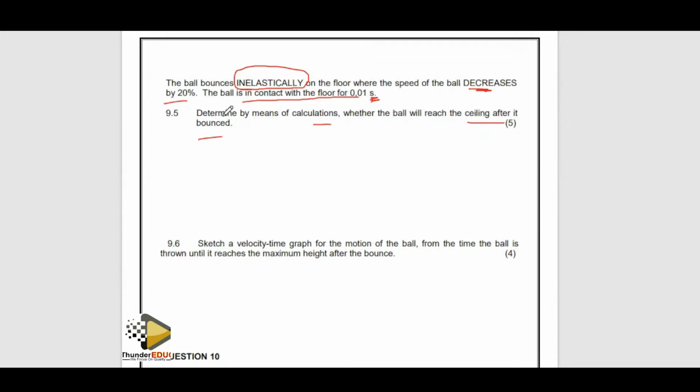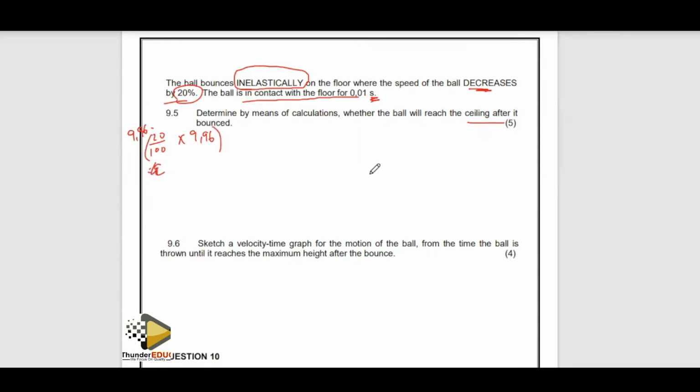Now, since they gave us 20%, they are telling us that it decreases by 20%. So someone can find 20% of the final velocity, which we got as 9.96, and then you subtract 9.96 minus this 20% over that.